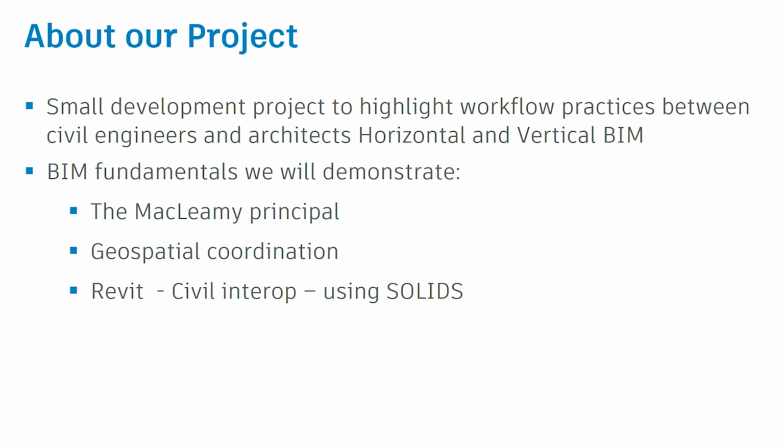Now the fundamentals that I want you to take away are the Lambie principle, and I think you've all heard of the Lambie curve. Okay, we're going to demonstrate why that's important. And also, I think the most important thing that Fernando and I come across is the geospatial coordinate systems, correct? And how we get the things to work tightly together.